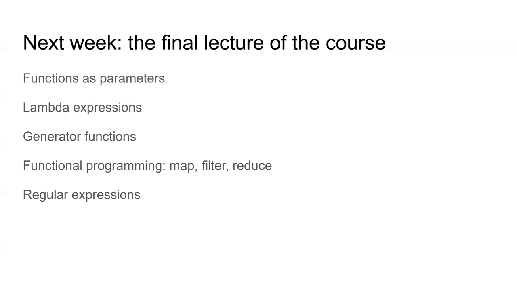Next week, we will have the final lecture of this course, like the 12th lecture of these 2 courses. We're going to talk even more about functional programming. I didn't really talk about functional programming as a concept too much.